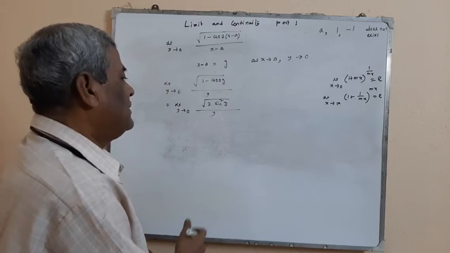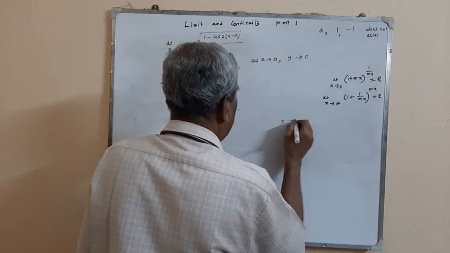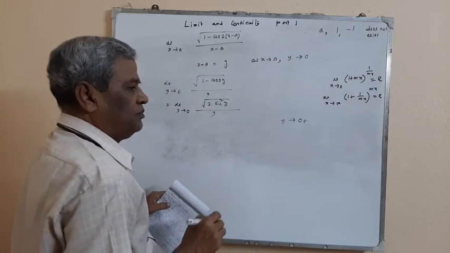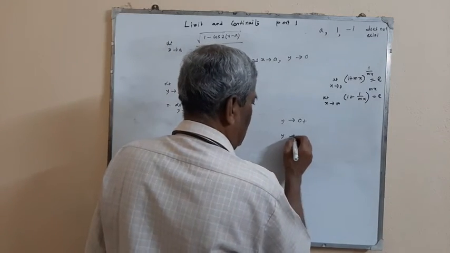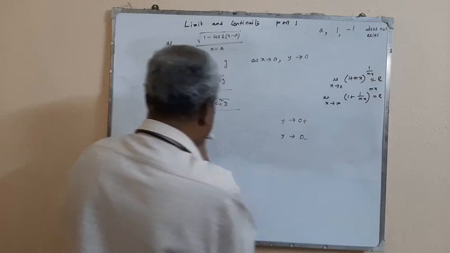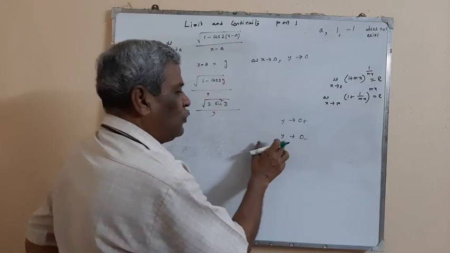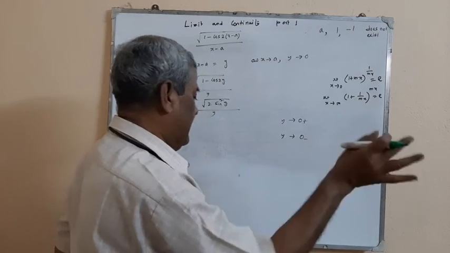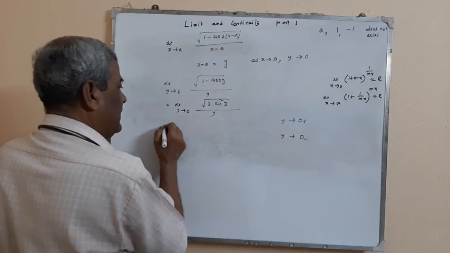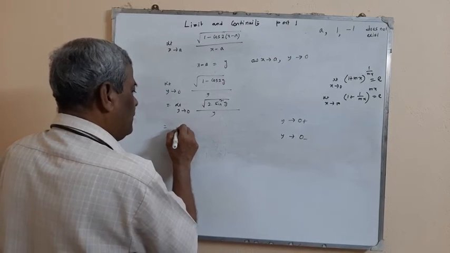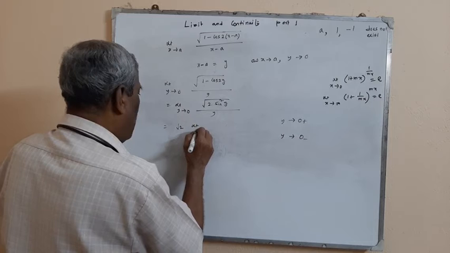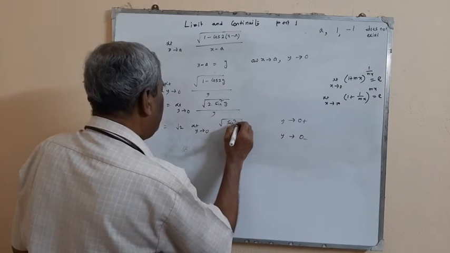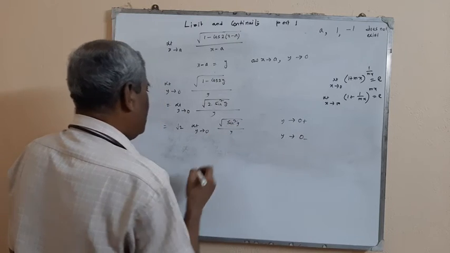When y tends to 0 plus, that is the right hand limit, then y is positive. But when y tends to 0 minus, that is the left hand limit, the value of y is negative. So sin y is a negative quantity in that case. So it is equal to root 2 into limit y tends to 0 of root over sine square y by y.